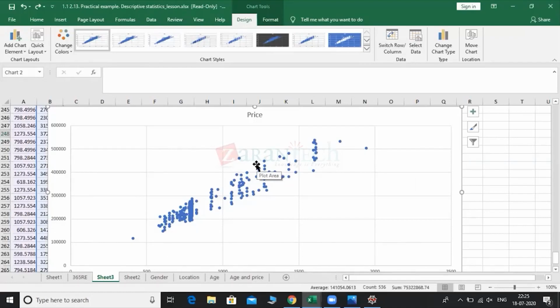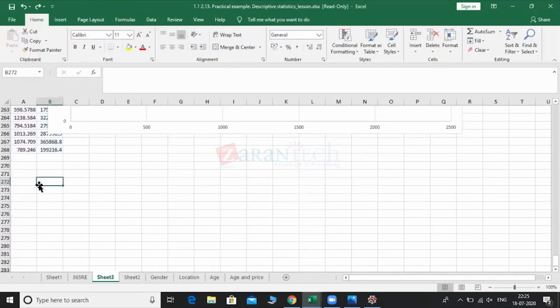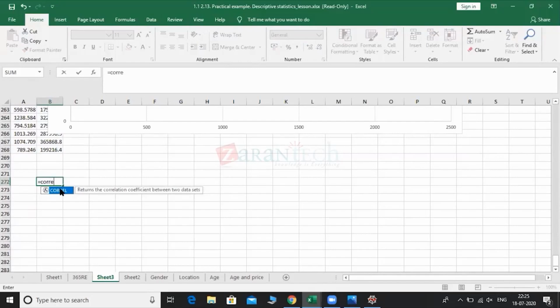So this kind of analysis we can do. We can try to understand how the correlation is between two variables. So these are all part of understanding the data, the descriptive statistics part of it.